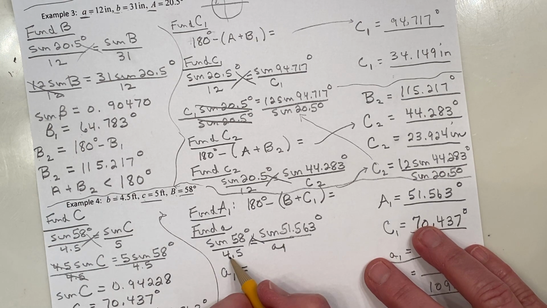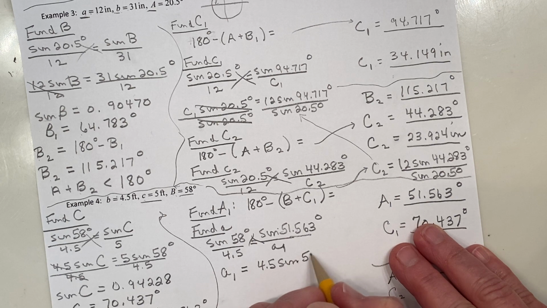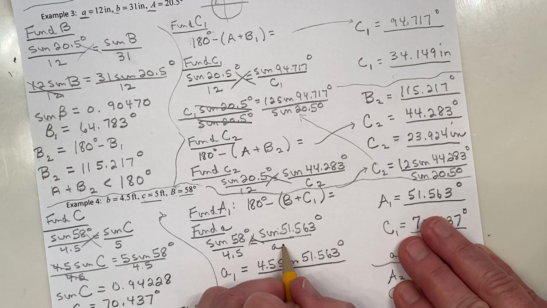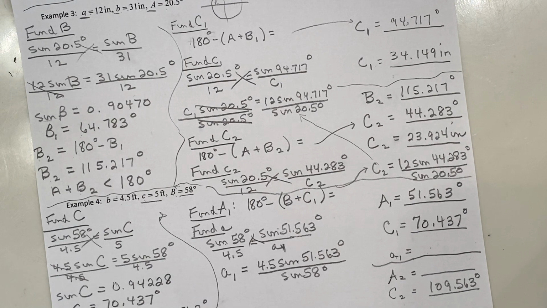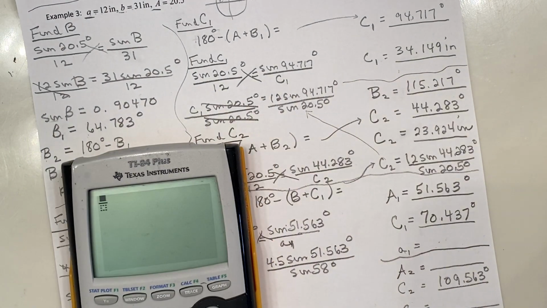And I'm just going to clean it up. When I cross multiply here, I'm going to get 4.5 sine of 51.563 degrees. But then I'm going to end up dividing it by sine of 58 degrees. And it looks like I don't have that, so I'm going to have to find that value as quick as I can.